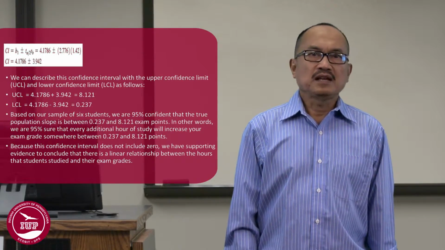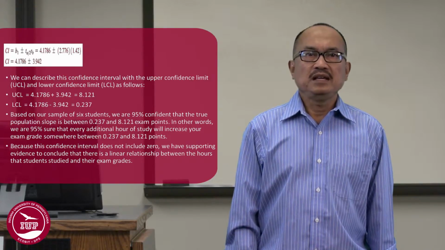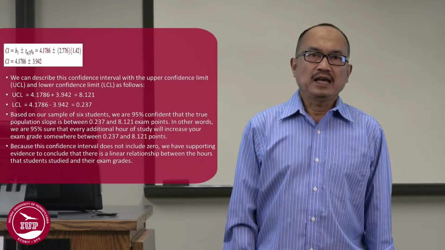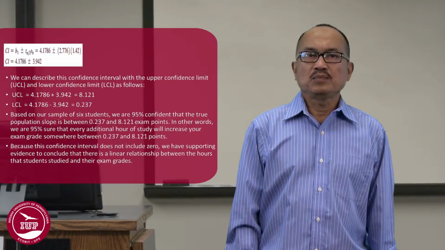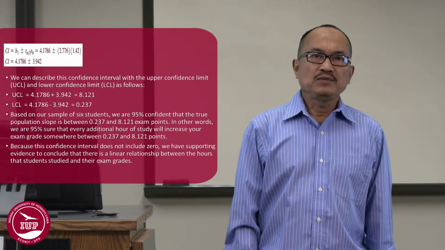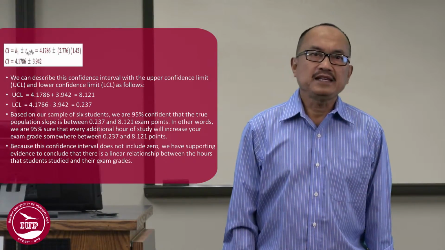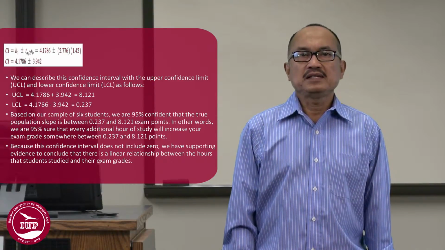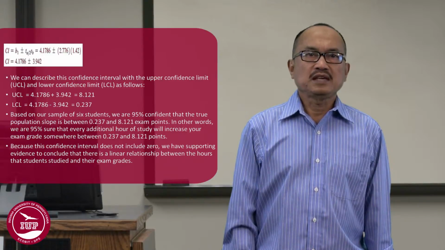We can describe this confidence interval with the upper confidence limit, or UCL, and lower confidence limit, or LCL, as follows. UCL is equal to 4.1786 plus 3.942, equal to 8.121, and LCL is equal to 4.1786 minus 3.942, equal to 0.237.